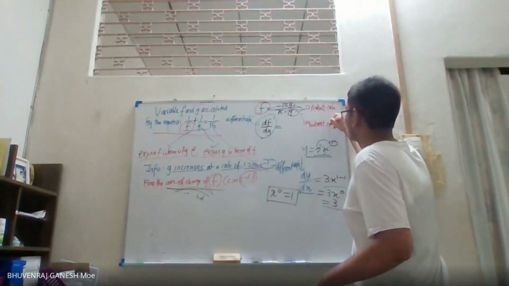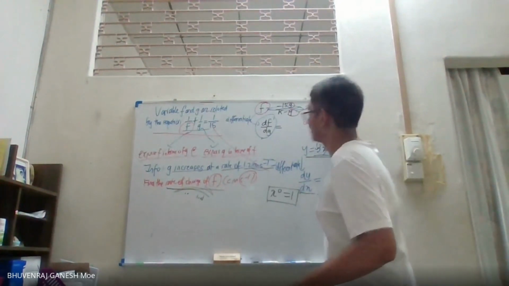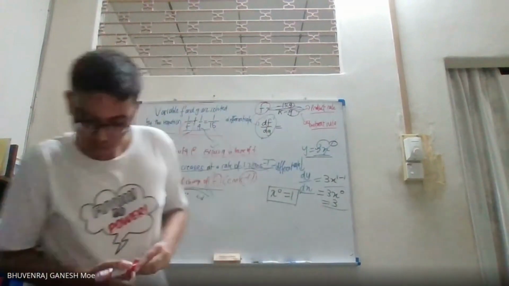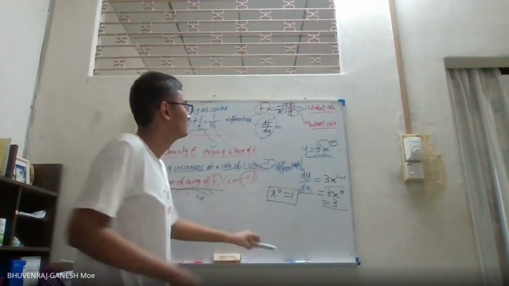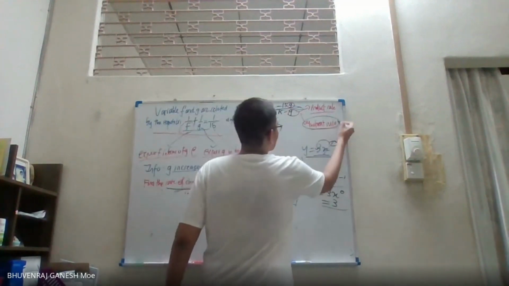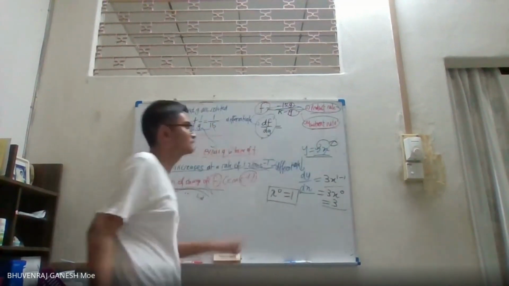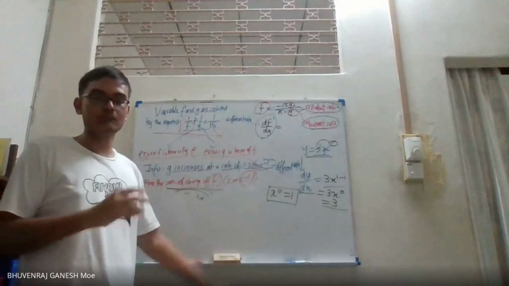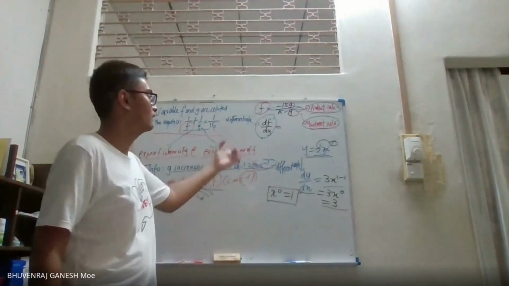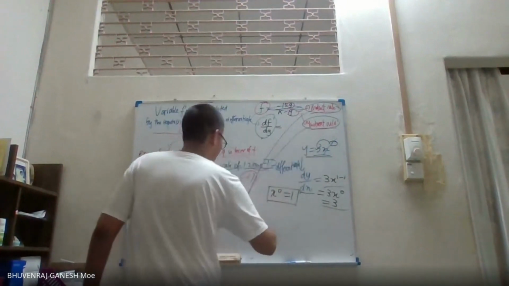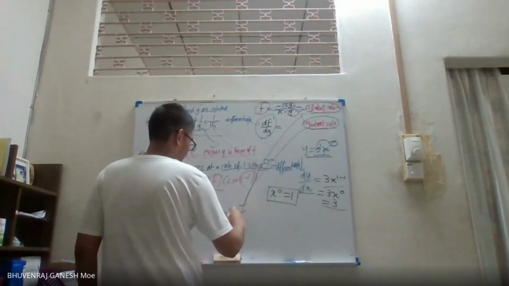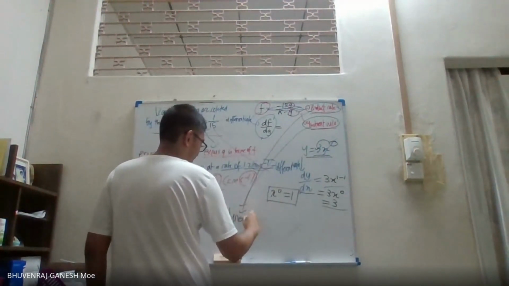If you have heard of these two, product rule and quotient rule. Yes, you have heard, yeah. So this is why we are doing this here. Because it's a complex equation. Usually product rule and quotient rule we apply to this kind of thing. You will see this kind of thing, this word.